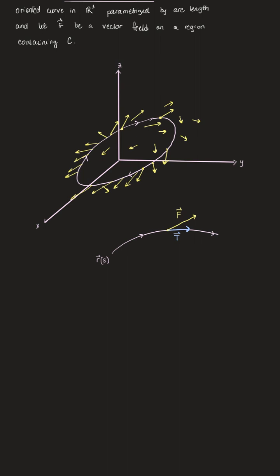So let's suppose the vector in blue that I'm drawing is my unit tangent vector. And let's also suppose that the angle between a vector in my vector field and my unit tangent is theta. And I am looking at a little piece, I've really magnified here, a little piece of arc that I've labeled with 2 red tick marks, that is a little delta S. And in this little interval, I want to see the effect of that force on my function, or how much of it goes in the direction of the curve.